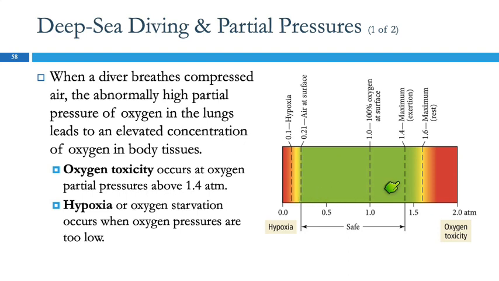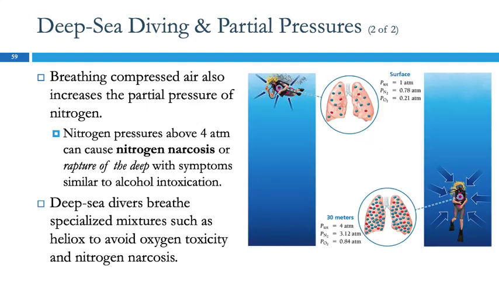There's a fair range here that is safe, but then you get up here past 1.6 atmospheres, and now you're getting too much oxygen, and that's oxygen toxicity. So a diver breathing compressed air can only have it compressed to a certain amount before it becomes dangerous for them.